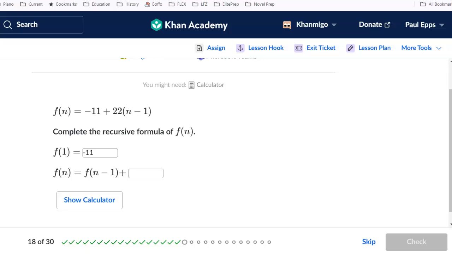If n is 1, it's 0, the 22 goes away. If it's 2, you get 22 times 1. If n is 3, you've got 22 times 2. So it's just 22 times n minus 1 as n increases. So the number increases by 22 every time n increases by 1.